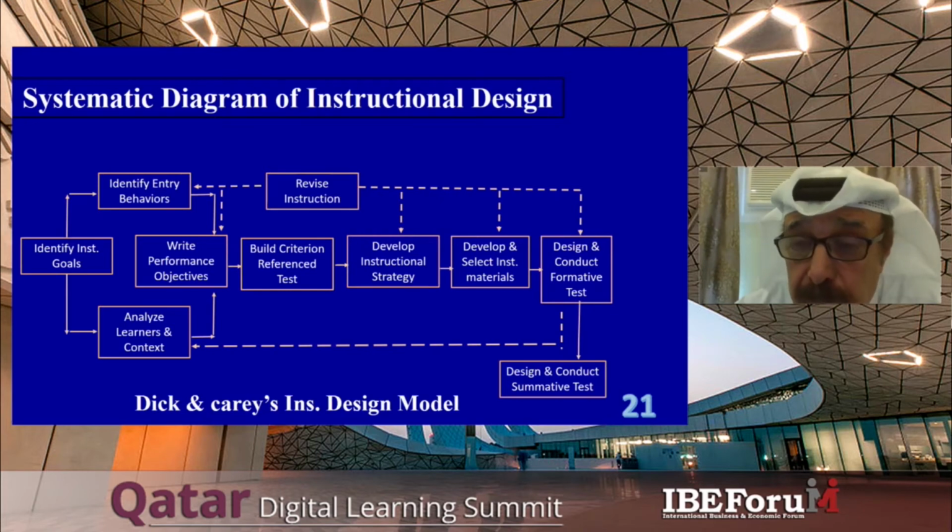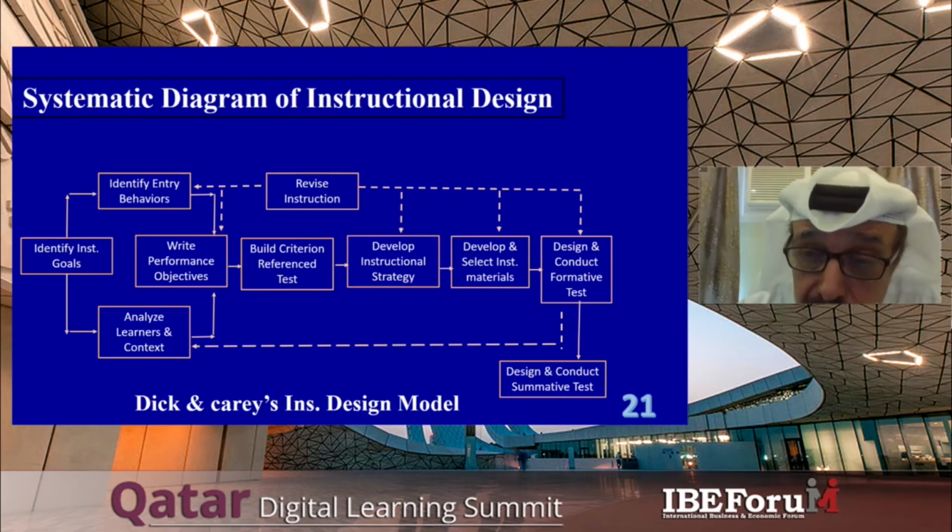So they should be prepared, and we base our work on what they know, what they have. Analyze learner context or learner characteristics or learner needs or whatever it is. Then write the performance objectives. So we have the goals, then we have the objectives, then we put them in a performance way, in the action way.